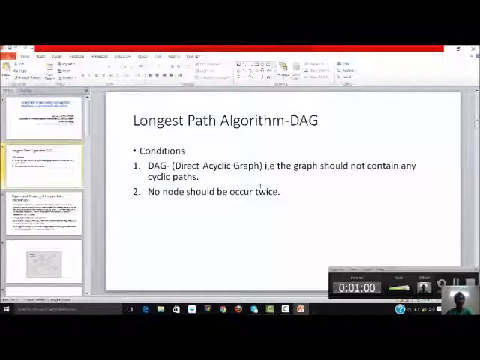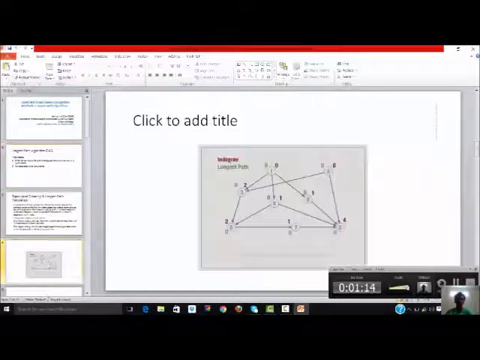The longest path algorithm, unlike the shortest path algorithm, is used in those graphs wherein the next node is dependent on the previous node. For example, in this graph, the value of node 8 is dependent on 7, 4, 5, and 2.